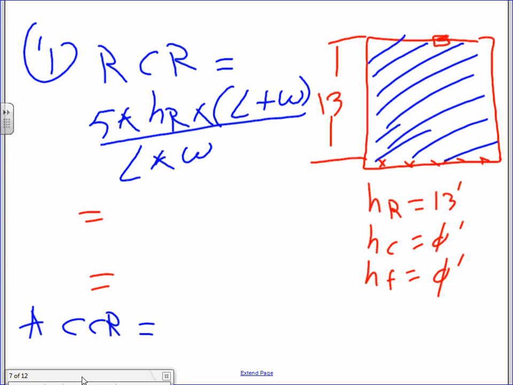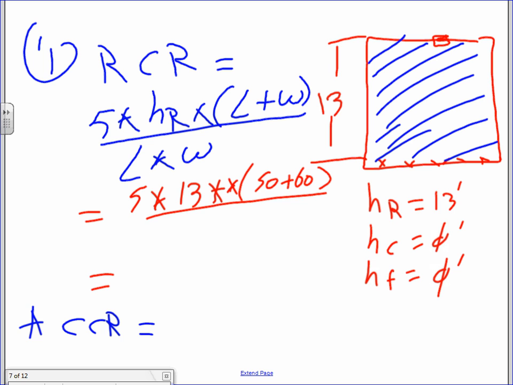For the room cavity ratio, here's my formula. You take 5 multiplied by 13. Everybody knows why 13, because that's the height of the room cavity. Multiplied by 50 plus 60, that's the dimension of the area, and divide by 50 times 60.